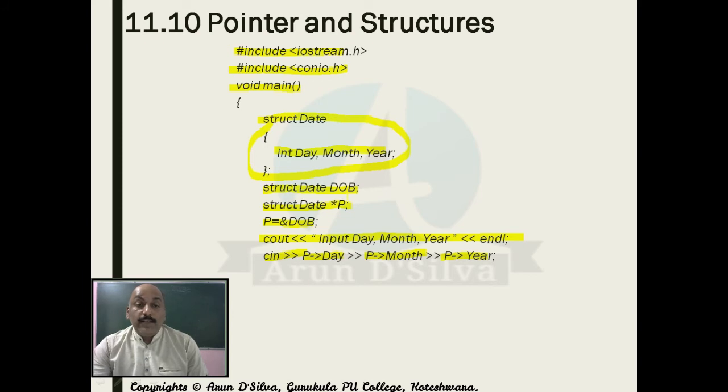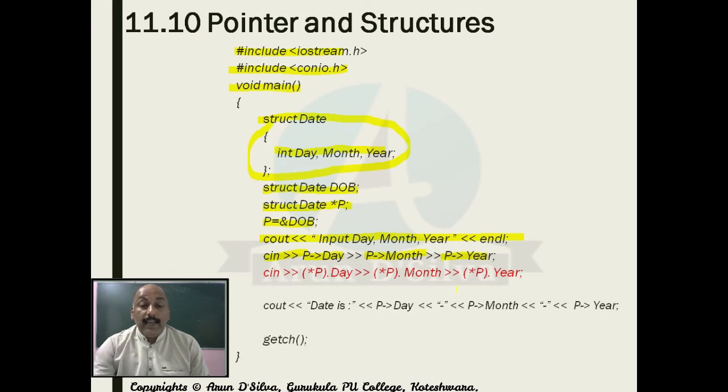So instead of DOB dot day, DOB dot month, DOB dot year, I can make use of this way. For output also you see. Before output, there is another way, which I showed in red color: star p, within brackets, dot date. Instead of this you can make use of this. Both are the same.